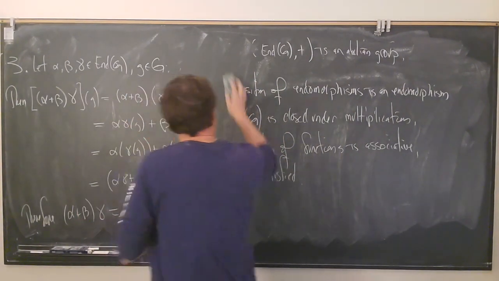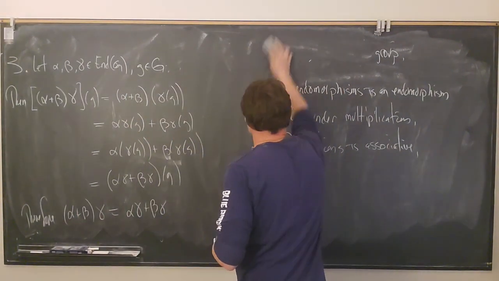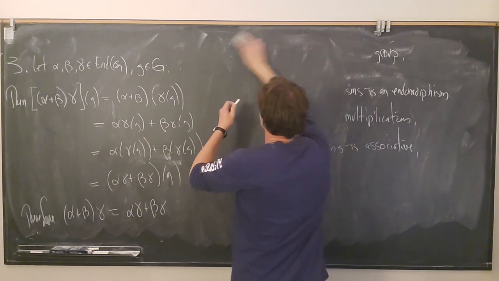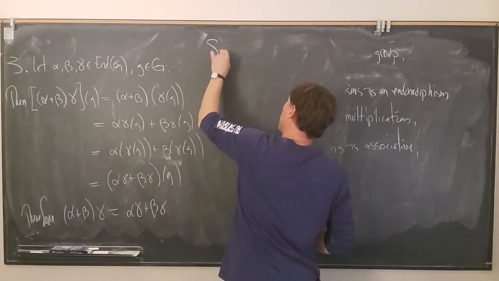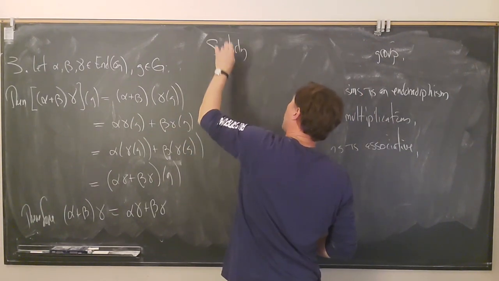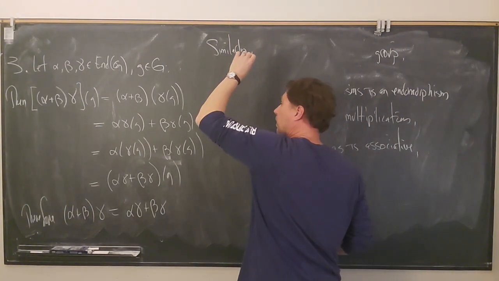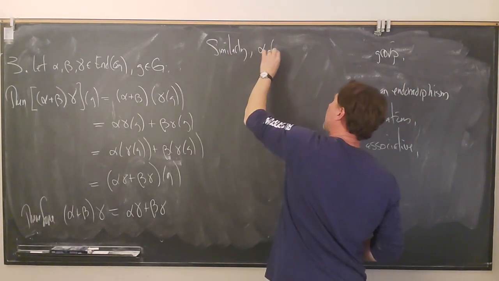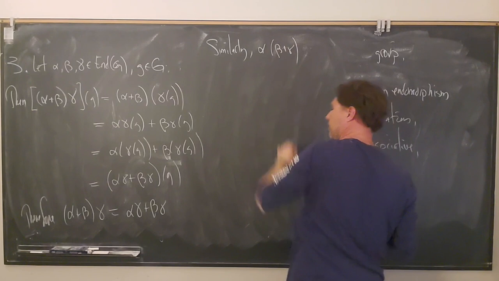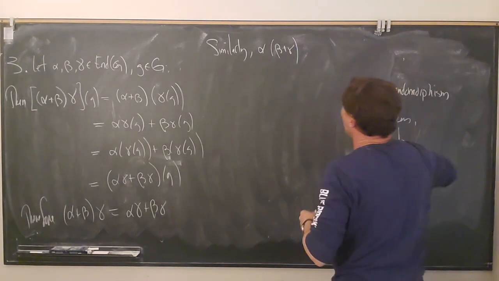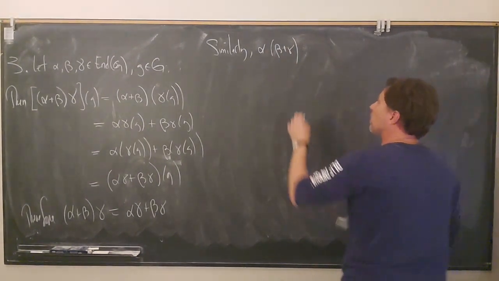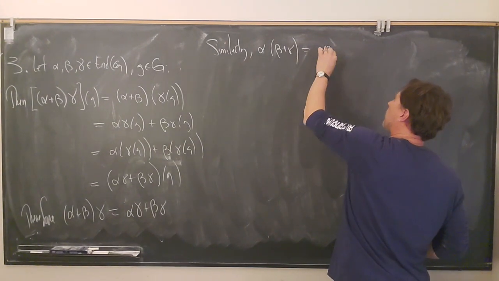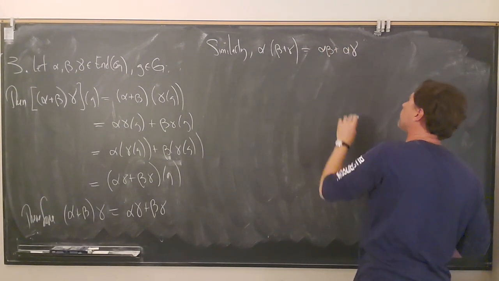The left distributive property, the proof is similar, so similarly, alpha times beta plus gamma is equal to alpha beta plus alpha gamma.